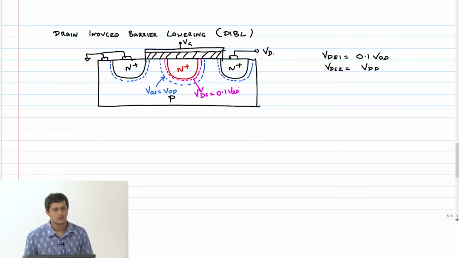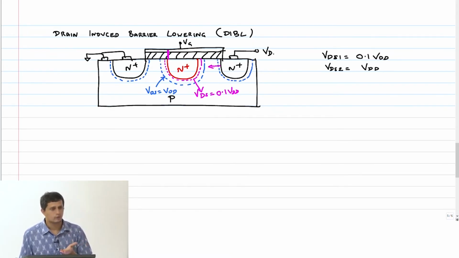Of course, by the way, here my gate is only till here because it's a short channel device. I have moved the drain from there till here, short channel device.